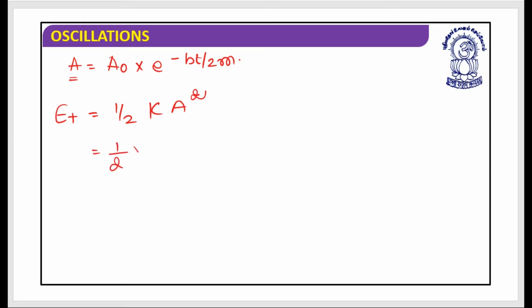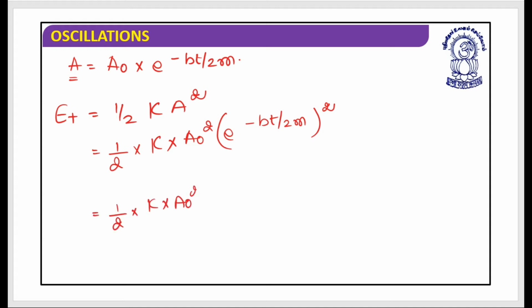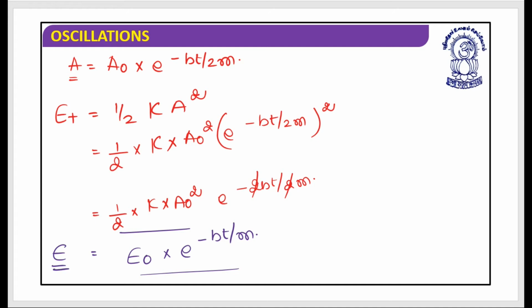If I make this half k into A squared, then it is simply A₀ squared into e^(−bt/2m) whole squared. So this is simply half k A₀² into e^(−2bt/2m), and this is half k A₀², which is E₀, into e^(−bt/m).